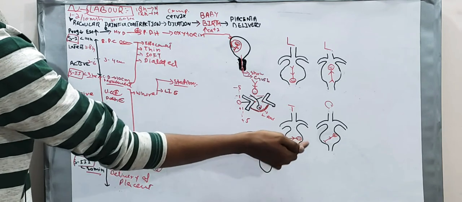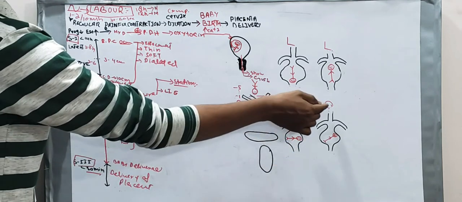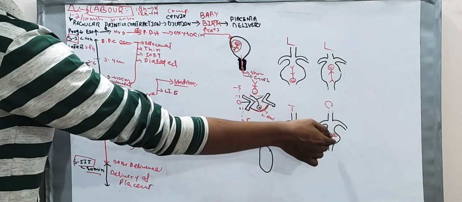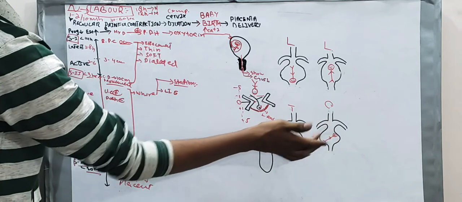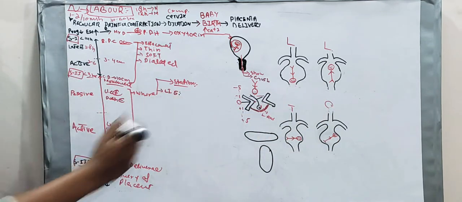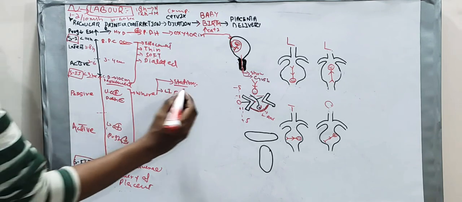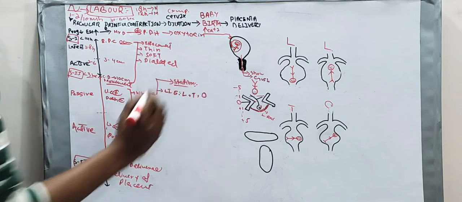In this mother, the baby is lying transversely, horizontally, so it is a transverse lie. If it is neither transverse nor longitudinal, it is at some angle, not at 0 and not at 90 degrees, so this is known as an oblique lie. O stands for oblique. So in the lie, we can have longitudinal, transverse and oblique lie.